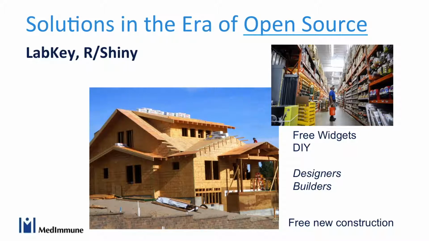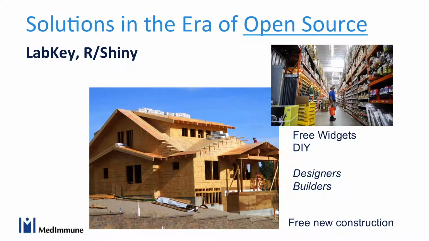The model that I think works in this case is that in the area of open source, where we have a lot of tools in the open source community, instead of either having a fully built house or a vacant lot, you can start with something that has a skeleton, an infrastructure support that you can use. Then you also have access to a lot of widgets and tools, like having Home Depot and IKEA free at your disposal.